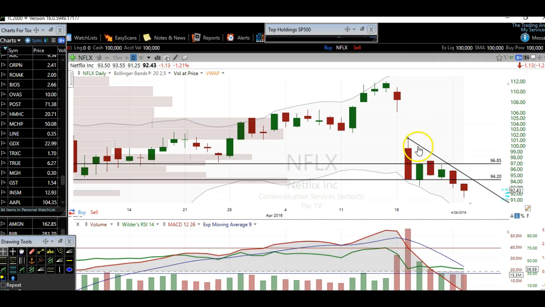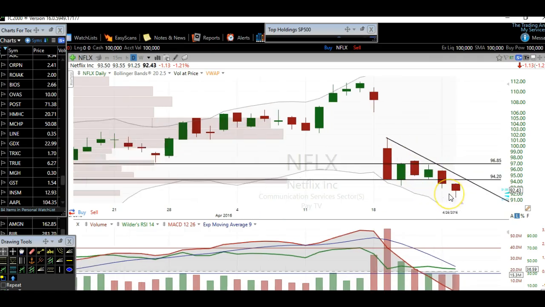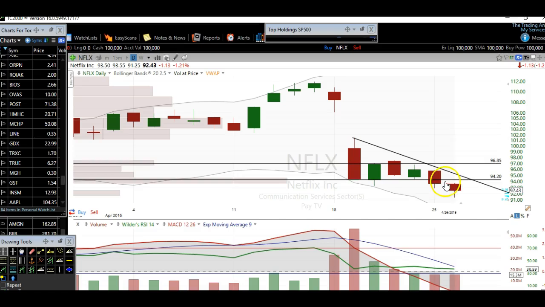Don't put a ton of weight on that just because it's only lasted for a few days, and it's not exactly the best angle, but I'm just drawing it as a frame of reference to use. Okay, but most importantly, that 94.20 level is going to be that resistance level that you can play around with.